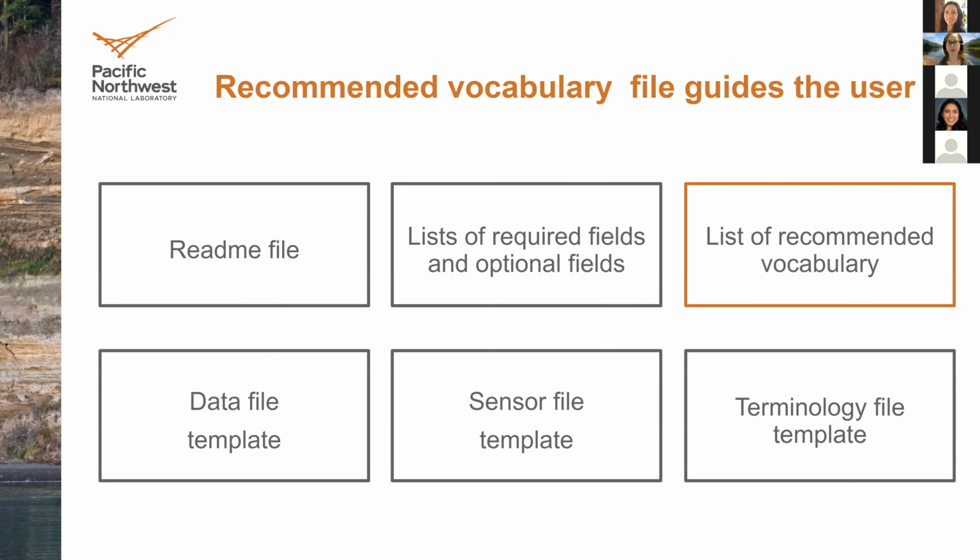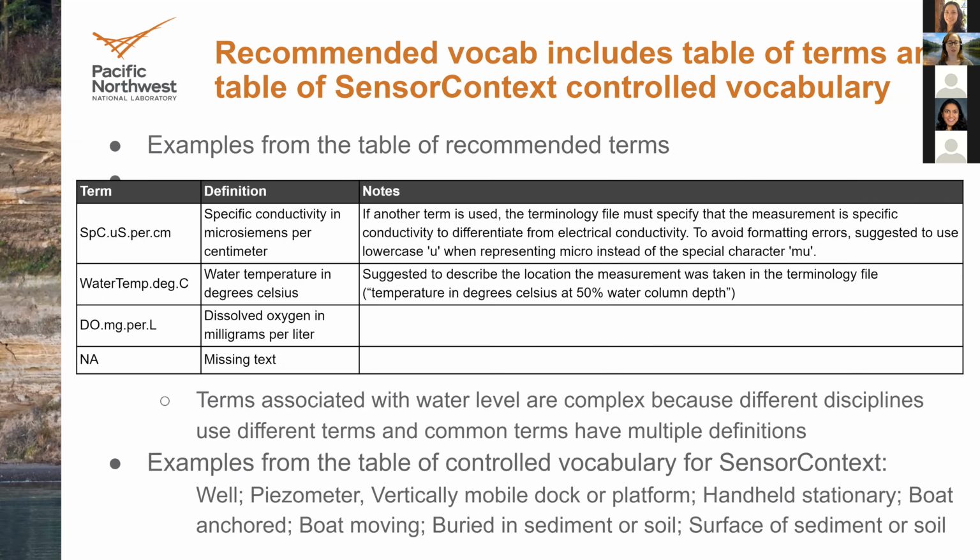So then that just leaves us with the list of recommended vocabulary for that 7th piece of the standard. We've already kind of covered what's in it, but just to take a look again, the setup is it has a table with the terms that we are recommending, their definitions, and then additional notes about them.